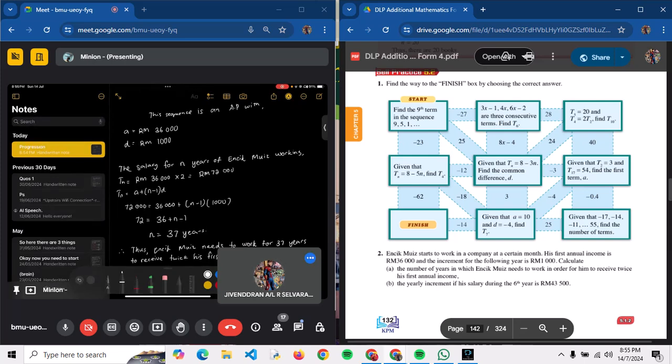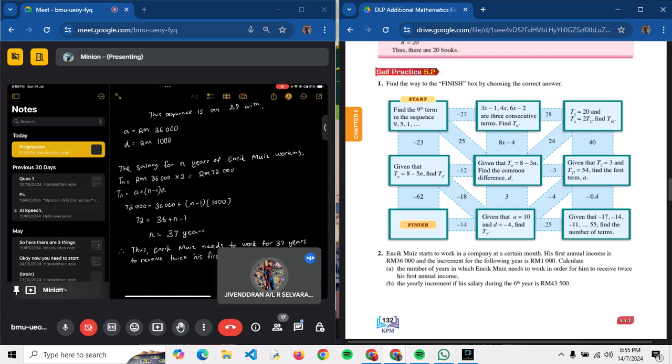Okay, so that means 72,000 is your Tn. And then the a is 36,000, the first annual income. And then the increment for the following year is 1,000. That means it increases by 1,000, 1,000, 1,000, so the common difference is 1,000.